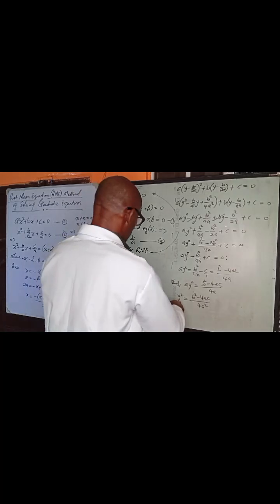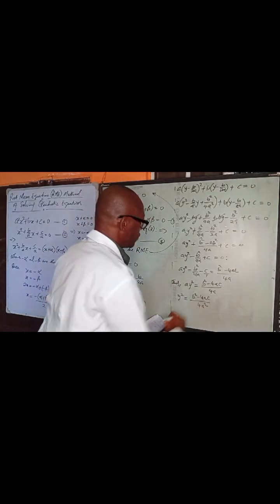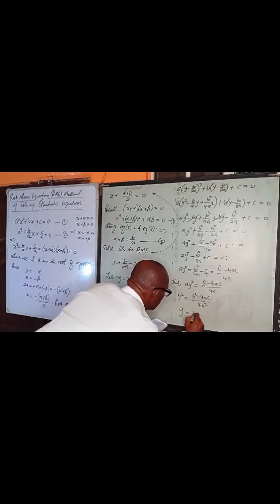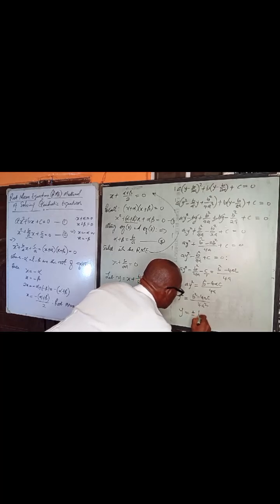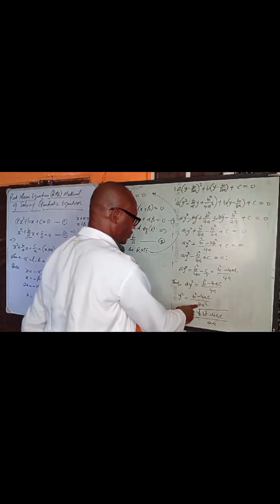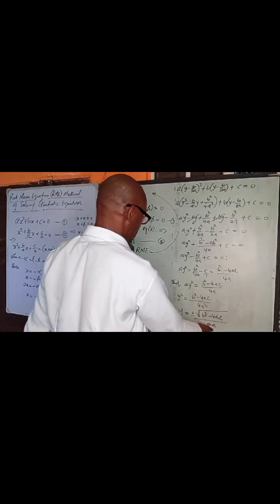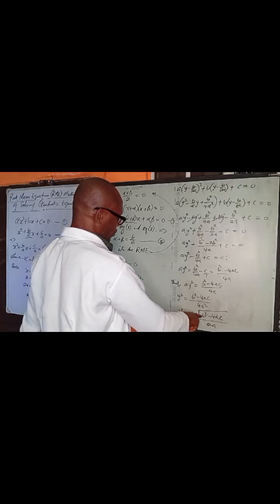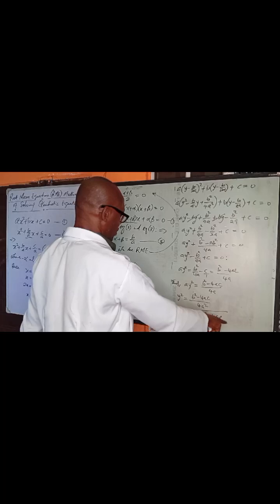Okay, so from this, it means that if you take square root of both sides, our y is equal to plus or minus square root of b square minus 4ac all over 2a. Because square root of 4 is 2 and square root of a square is what? A. So that from here we have that our y is equal to plus or minus square root of b square minus 4ac over 2a.